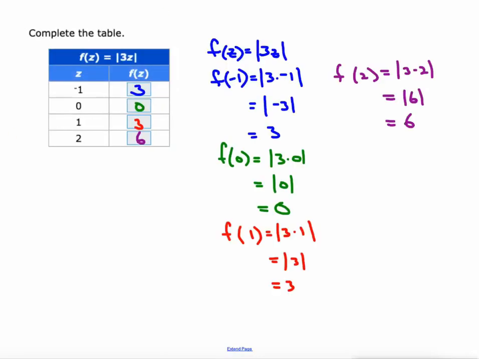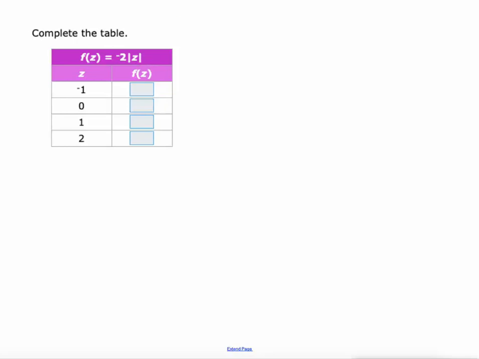On that one, we had the multiplication inside the absolute value sign. This time it's outside. All right, so f of z is negative 2 times the absolute value of z. So if we do f of negative 1, then we're doing negative 2 times the absolute value of negative 1.